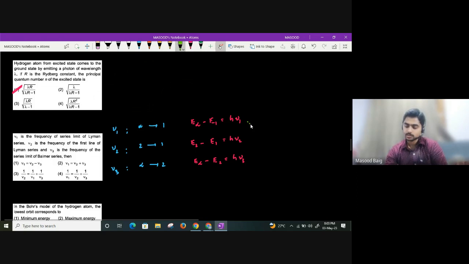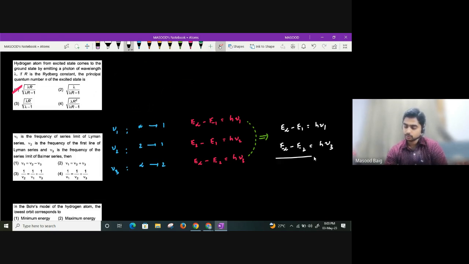I'll take two of these equations and subtract them: E infinity minus E1 equals h nu1, and E infinity minus E2 equals h nu3.